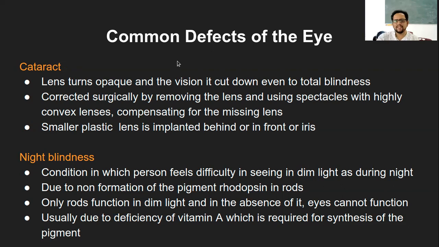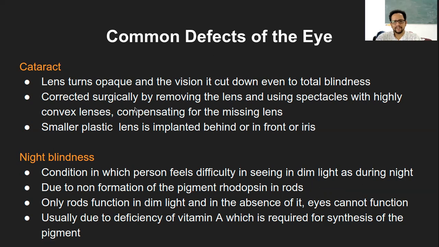There are various reasons for cataract, but the main effect is the lens turning opaque, which reduces vision, and it can even lead to total blindness if it is not corrected in time, because then the eyes lose the sensitivity of the cells to see light. But that's a very rare situation. Usually nowadays cataract is very much curable.